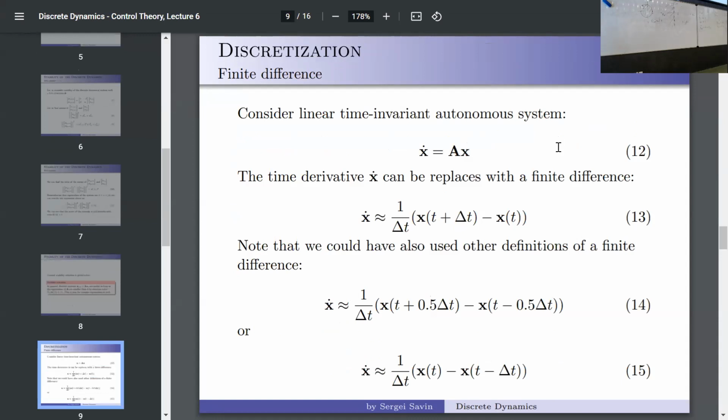Now, let's try to understand where discrete systems come from. We understood how to analyze them. By the way, from understanding how to analyze them, we automatically understood how to control them, right? Because of pole placement. I don't know if you already tried it in your practice.